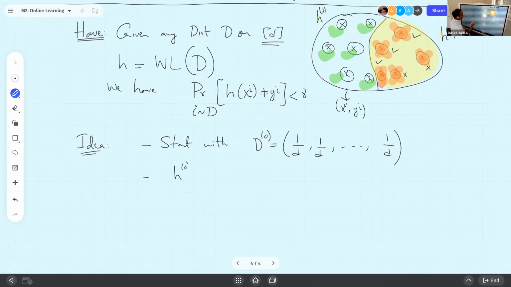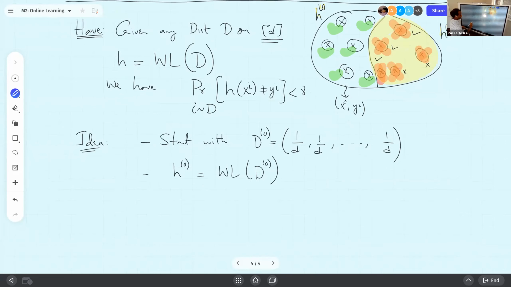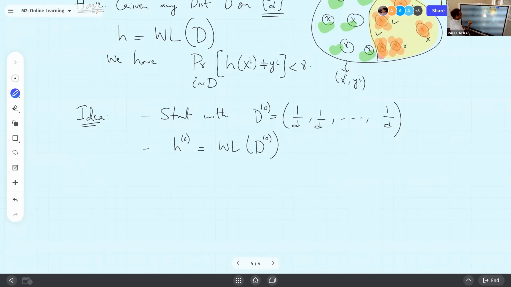And so we query, and for t equals 1 through T, update D_t.